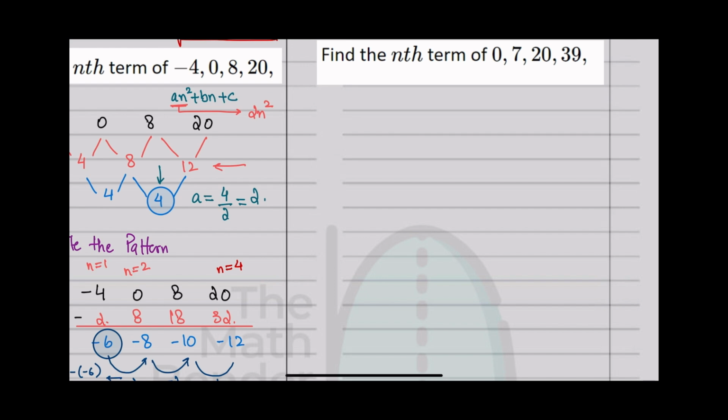Let's take another example here. So I write the pattern again, and that is my step 1 to identify whether it is a quadratic or not. So I'll take the difference. This will be 7, this is going to be 13, and this is going to be 19.